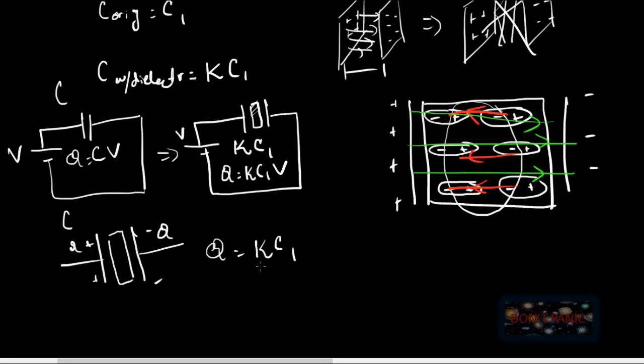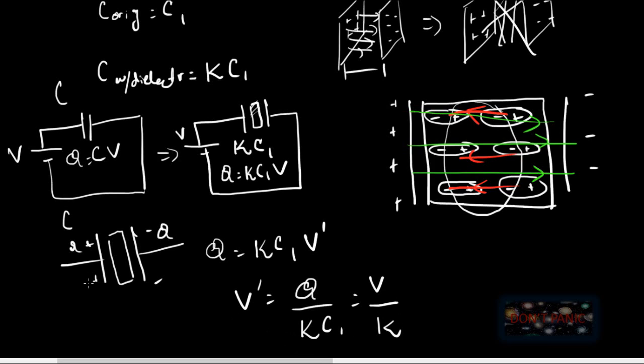But something has to change to take into account the fact that capacitance has changed. The way that happens is your voltage becomes different. So your V prime on the capacitor in this case is going to be Q over kappa times C1, which is your old voltage divided by kappa.